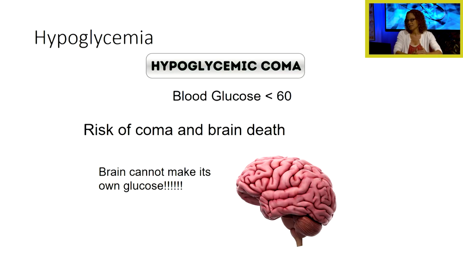And so the opposite problem can also cause the person to have a neurologic problem, okay? So hypoglycemia, when the blood glucose is too low, usually less than 60, there is also a risk of coma and brain death. And remember, the brain cannot make its own glucose.